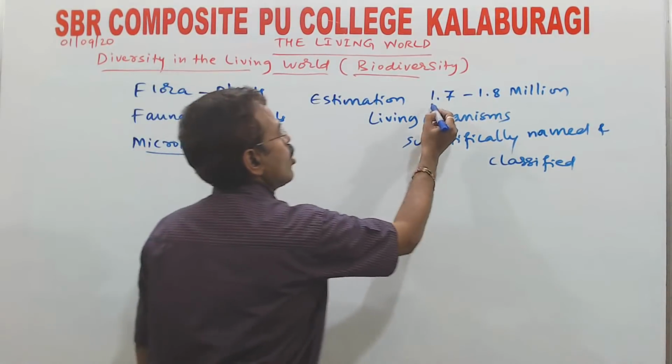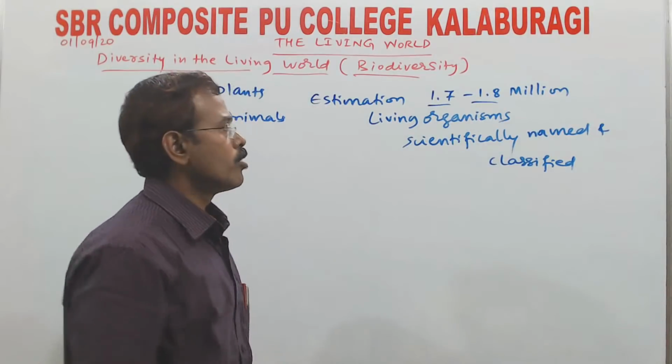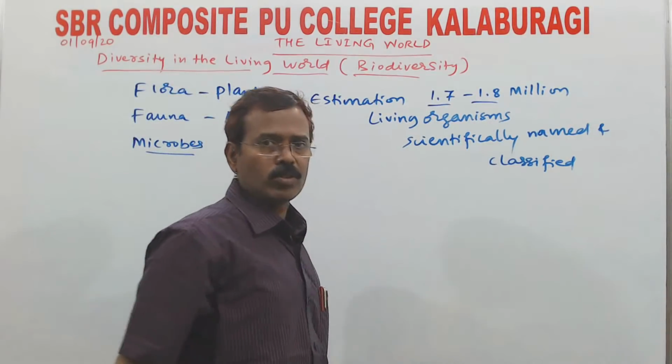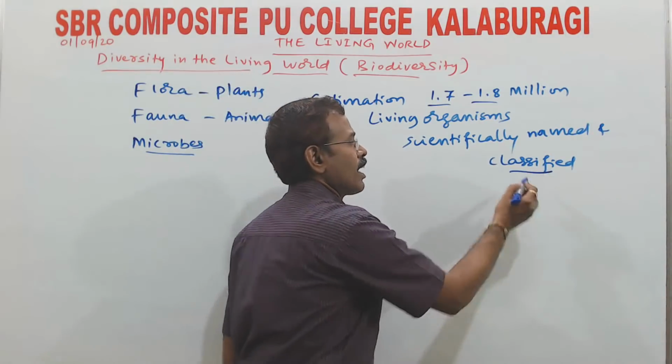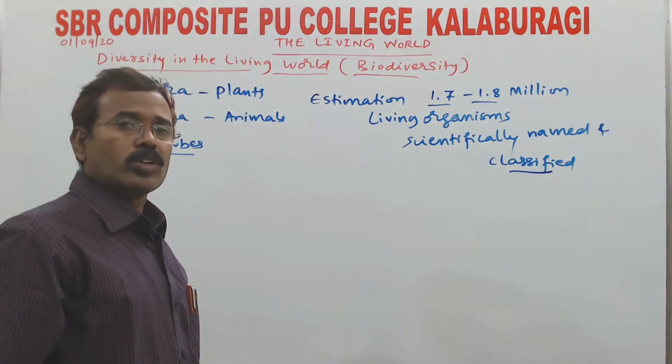So the range is around 1.7 to 1.8 million living organisms, or living species, that have been scientifically named and classified.